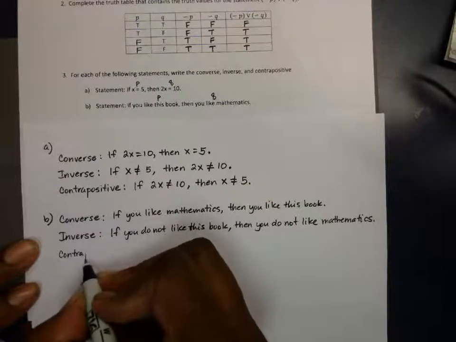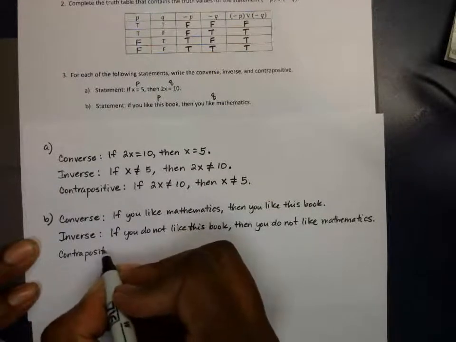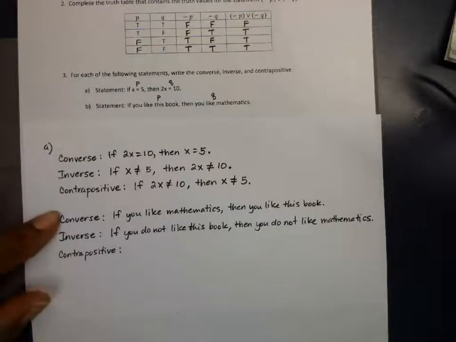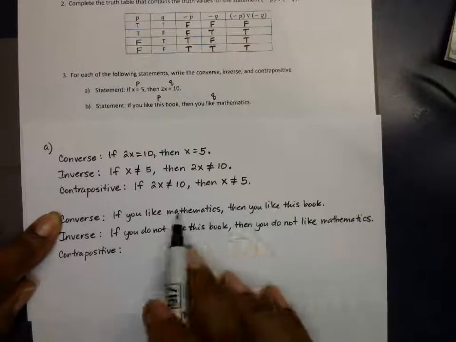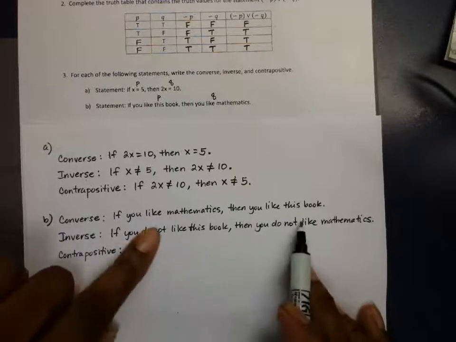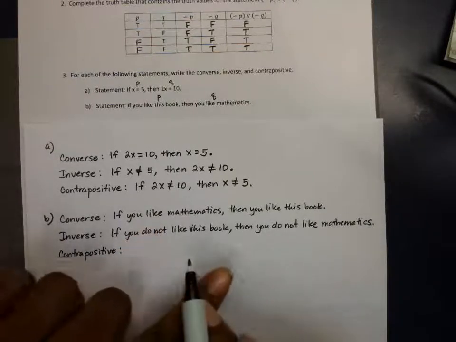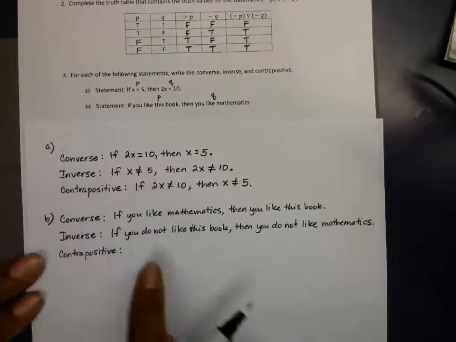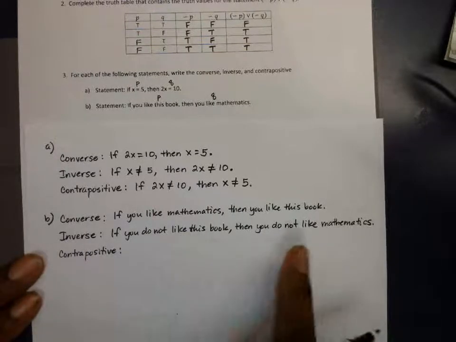And then finally, the contrapositive. To write the contrapositive, you could either look at the converse and negate the hypothesis and the conclusion, or look at the inverse and then just switch the two around. Okay? So I'm going to look at the inverse and just switch the order.